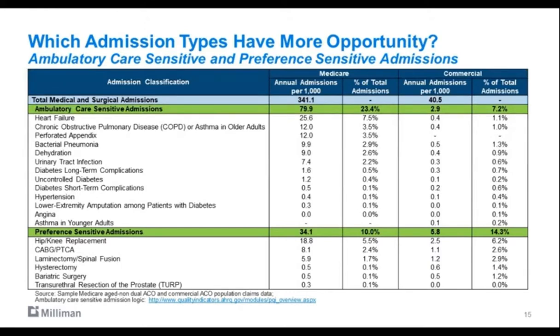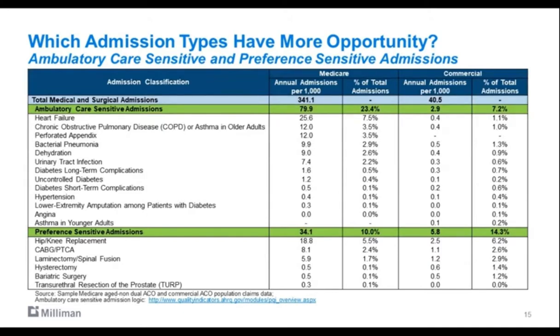Admissions that, if there was more aggressive care in the community, the exacerbation potentially could have been avoided and they wouldn't have needed inpatient care. If the heart failure had been more aggressively managed, they wouldn't have had the exacerbation that would require inpatient IV diuretics, et cetera. So these are very well known, the ambulatory care sensitive admissions, both for Medicare and commercial.